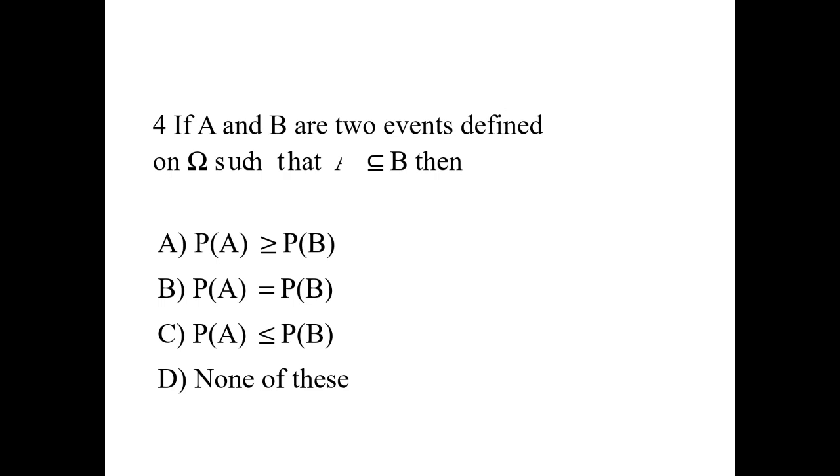Now MCQ 4th is: if A and B are two events defined on omega such that A is a subset of B, then option A is probability of A is greater than or equal to probability of B. Option B is probability of A is equal to probability of B. Option C is probability of A is less than or equal to probability of B, and option D is none of these.